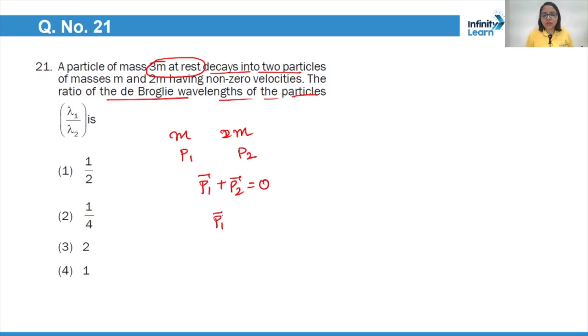That means the magnitude of p1 is equal to the magnitude of p2. Now, de Broglie wavelength is h upon p, right? So h is constant. If p is the same for both the particles, then lambda will be the same, right? So lambda 1 upon lambda 2 will be 1, which is option 4.